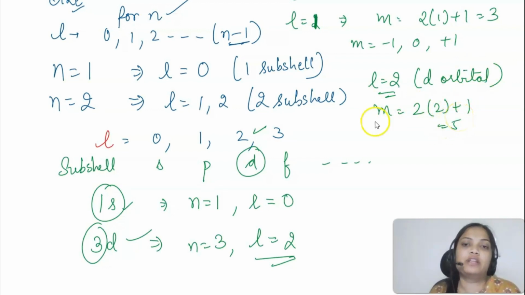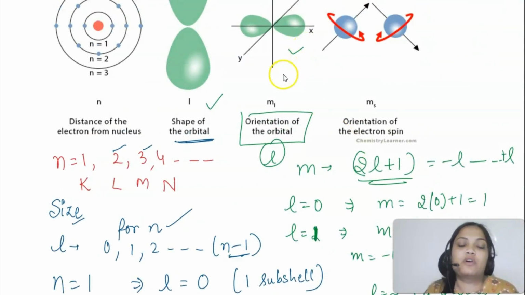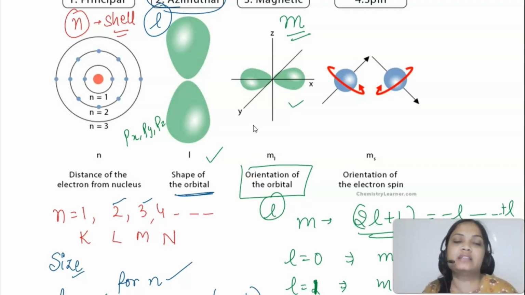So we will have 5 orientations, that is -2, -1, 0, 1 and 2. Okay, so here we get 5 types of orbitals. For p, we get px, py, pz, 3 are there. For d, we get dxy, dyz, dzx, then dx square minus y square and then dz square.